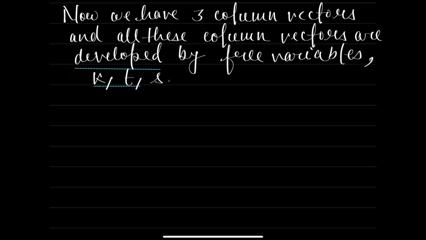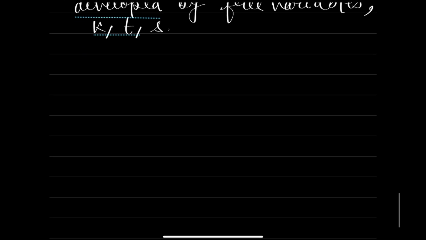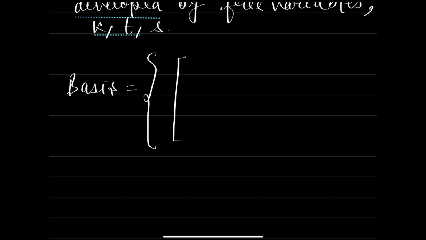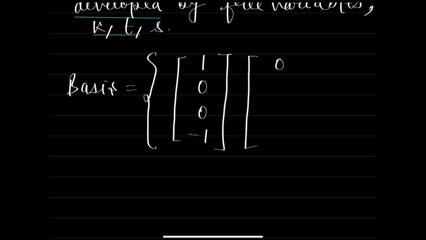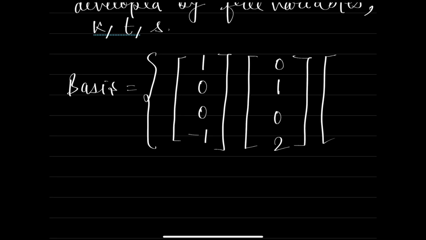Now the basis is nothing but these vectors: the first is 1, 0, 0, and minus 1, the second is 0, 1, 0, 2, and finally the third is 0, 0, 1, and minus 1.